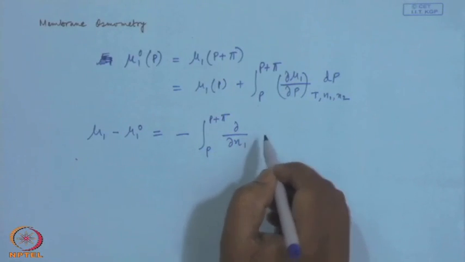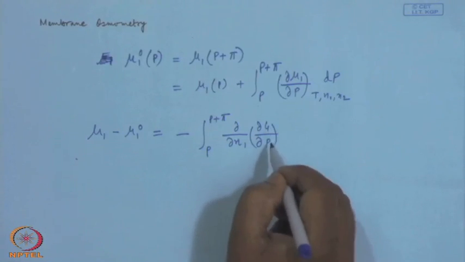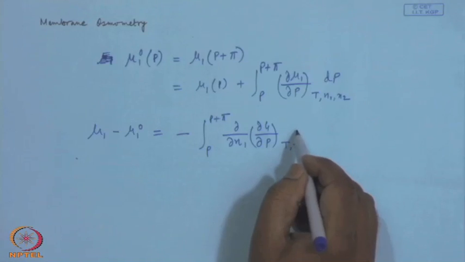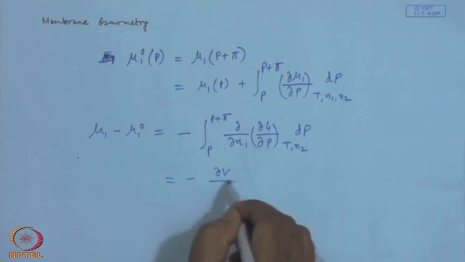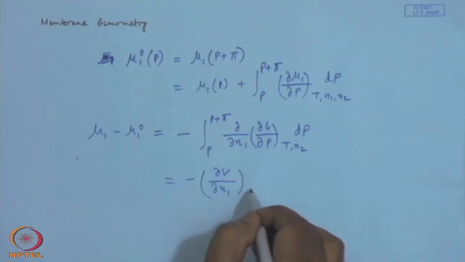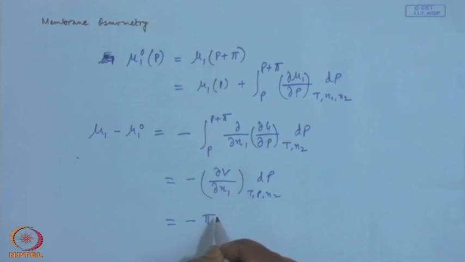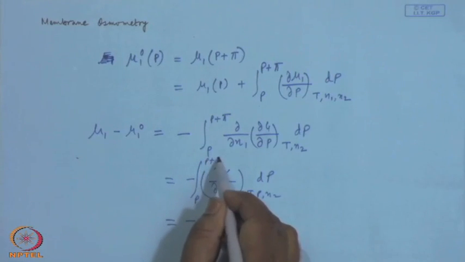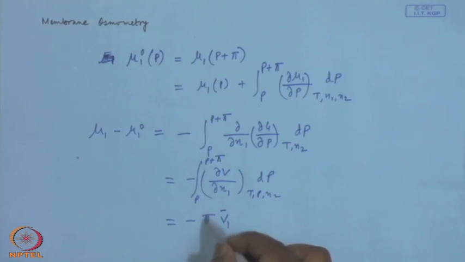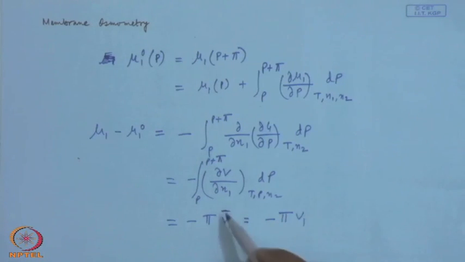From the definition of mu 1, we can write, using the partial differential, this is nothing but the osmotic pressure which we can detect through our measurement, and this is the partial molar volume of the solvent, and for a very dilute solution, which is our working condition, this partial molar volume can be replaced by just the molar volume of the solvent.